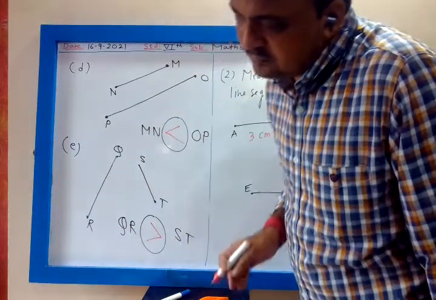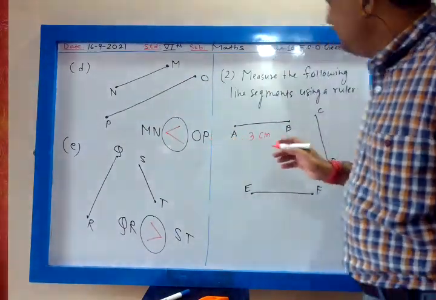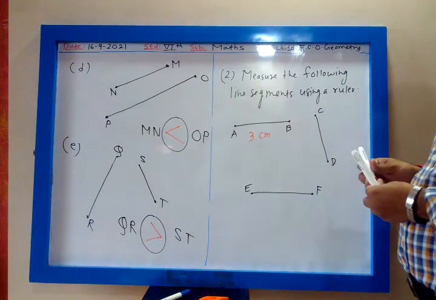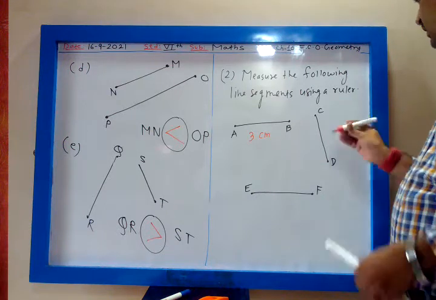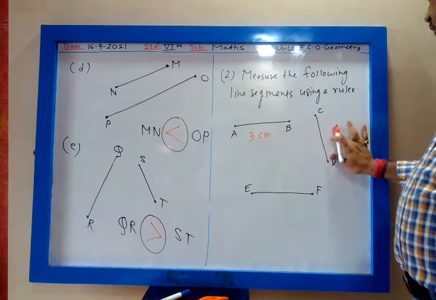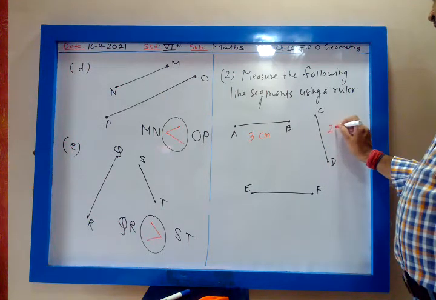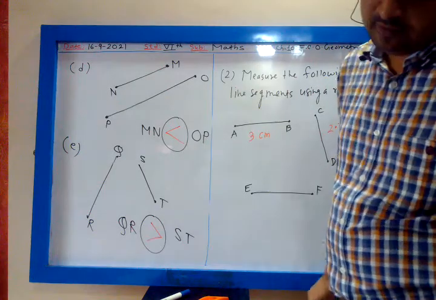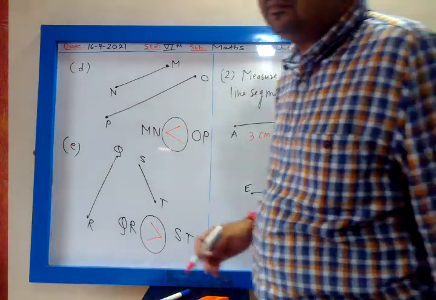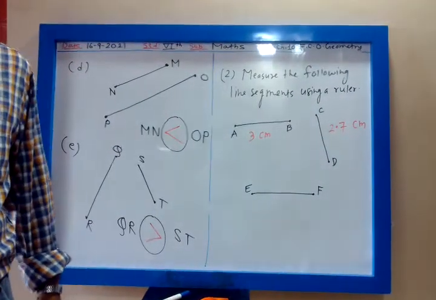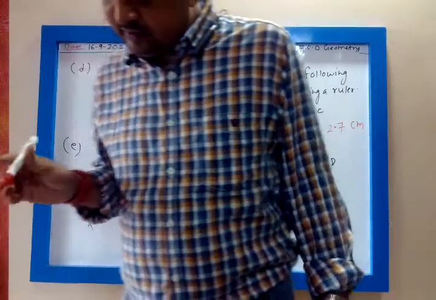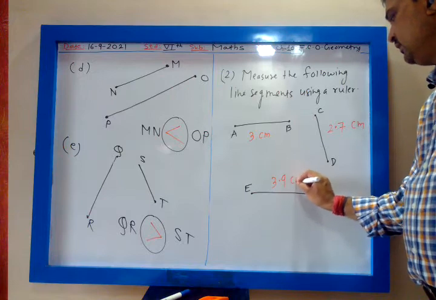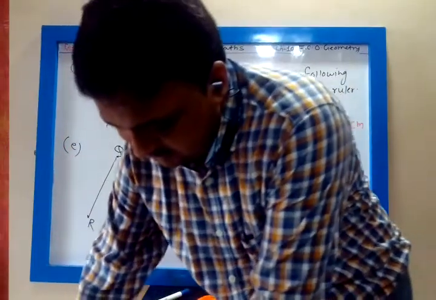Then next, measure this. What is CD? Any one of you measured? 2.7, no problem. 2.7, 2.6 both will work. Then what is next? EF is 3.9 centimeter. Write down.